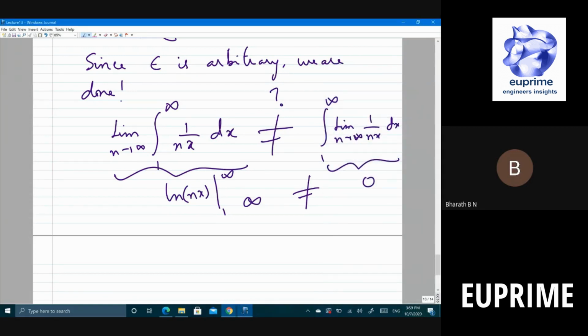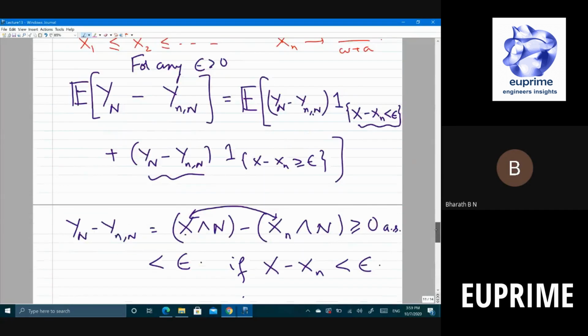Sumit, any thoughts? Sir, the integral has to be finite, I think, sir. Which integral has to be finite? The integration from 1 to infinity of 1 upon nx, whatever we are calculating over here, it has to be finite, sir. For each fn, yes, right. So if the expected value of xn itself is infinity for some n, for example, in your case, let's go back here.